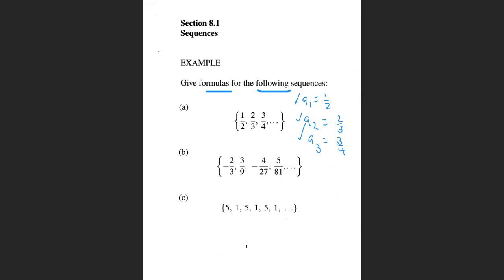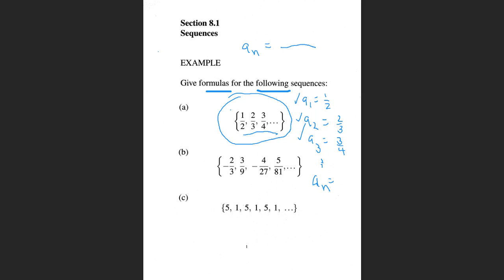Well, what we want to do is figure out what the nth term of the sequence is. In other words, for this sequence of numbers, and this is one way to denote a sequence, you write your list inside these brackets. What would the nth term be of the sequence?